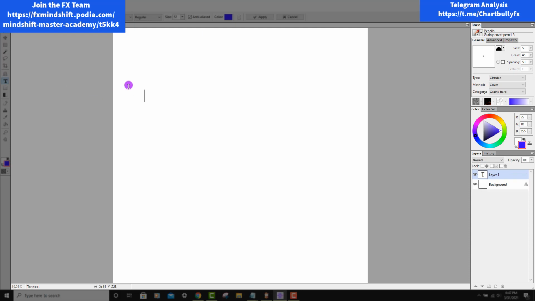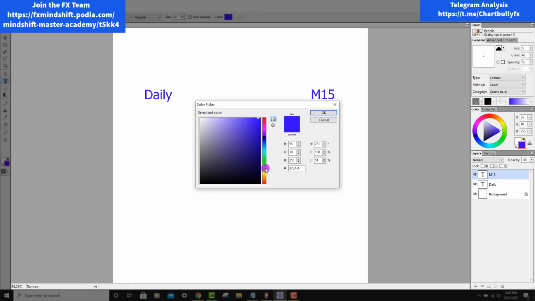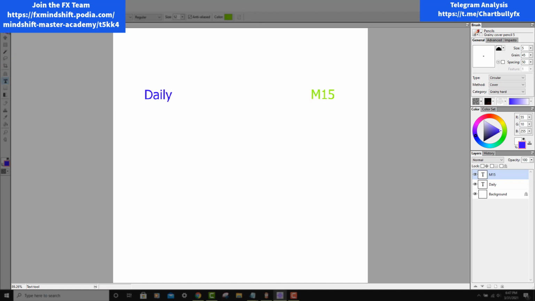Anyways, that was a little tangent, but in this one I'm going to talk about ranges, right? So let's say this is our daily, and then we have our M15 right here. Let's change the color, let's go green. So we have a range. This is going to be our daily range.